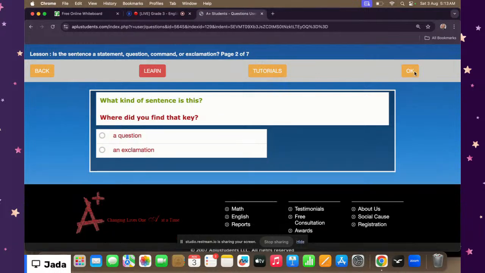Next one is, where did you find that key? So, what's the answer here? Question or exclamation? Where did you find that key?